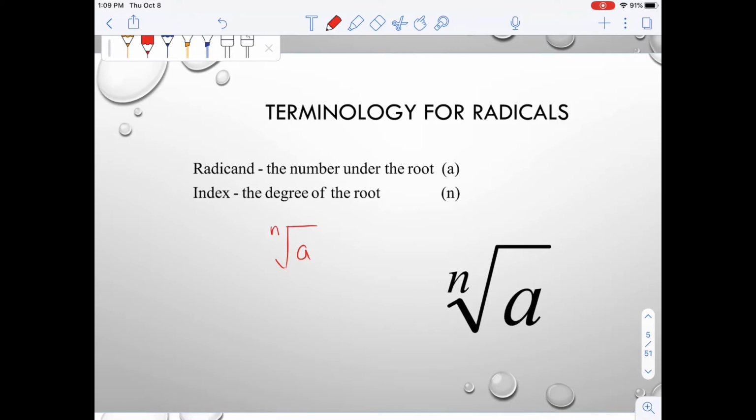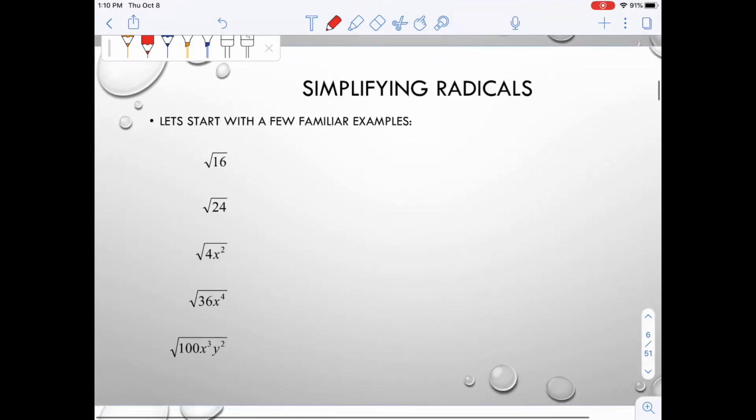What's really important is you write it so it almost looks like an exponent in front of that radical symbol, because if you write it like this, I'm going to think it's n times the square root of a. Make sure that you have it written up here so that it's clear that we actually have an index and not a number times that a. Okay, so just make sure you have that distinction down.